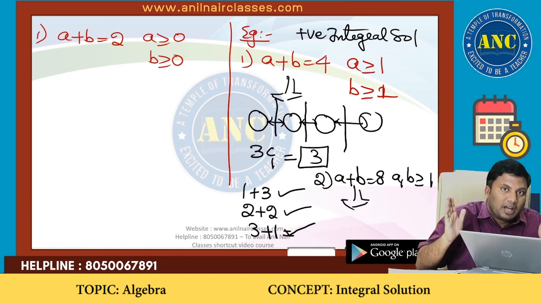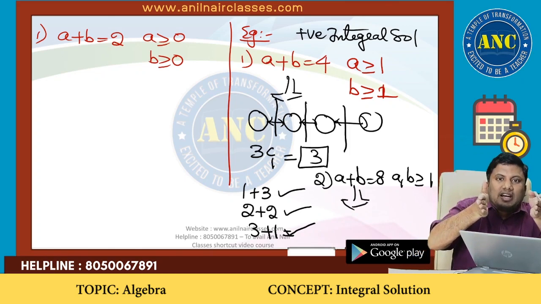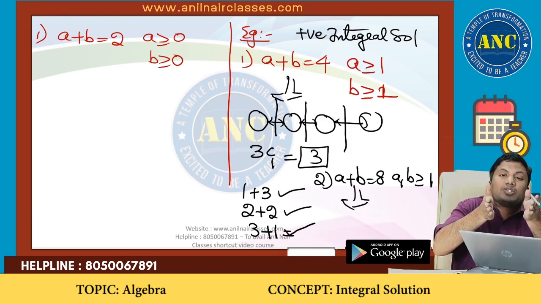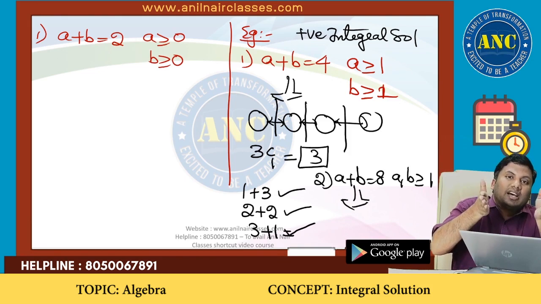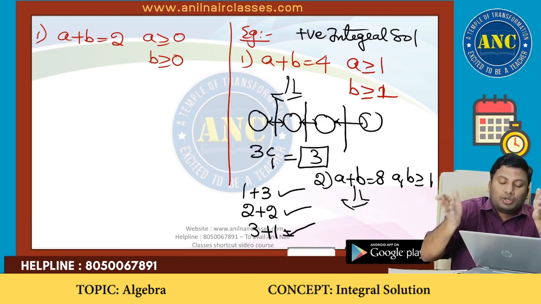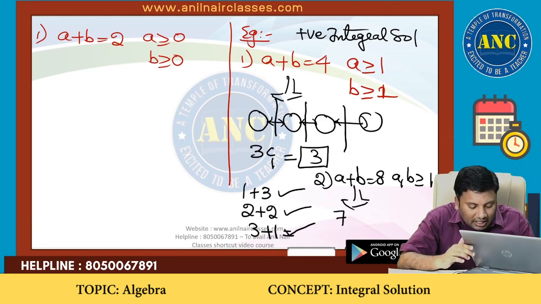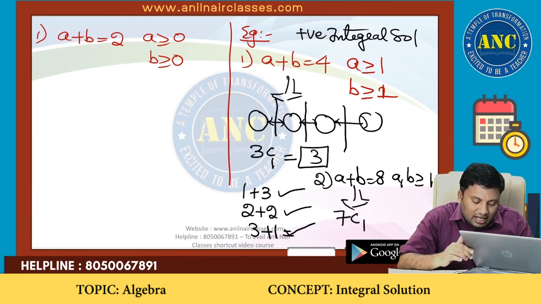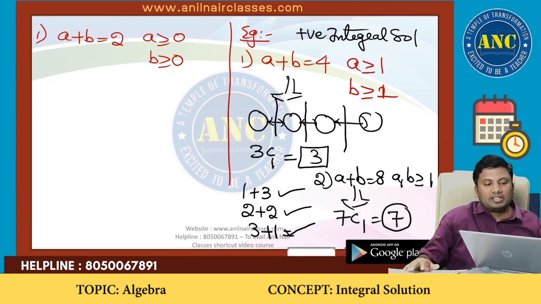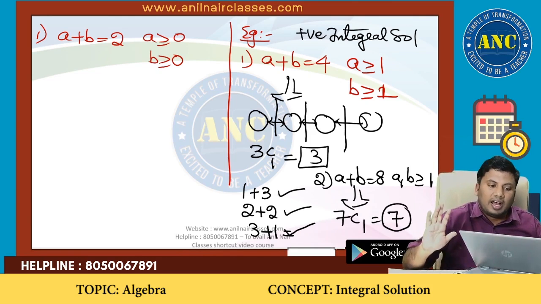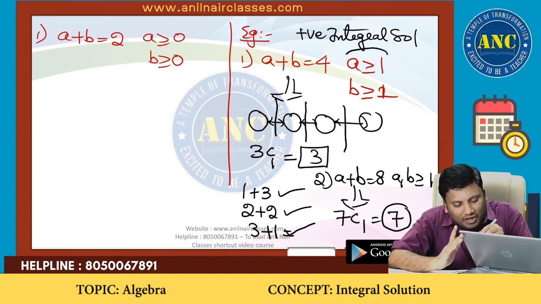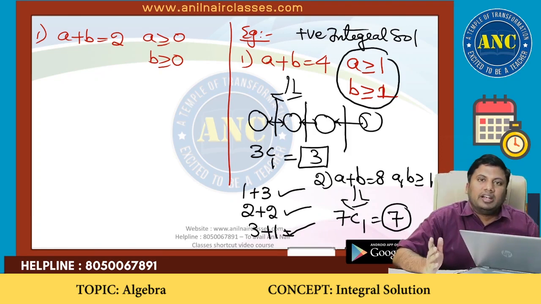If 2 balls are written, there is 1 gap. If 3 balls are written in a line, there are 2 gaps. If 8 balls are written, there are 7 gaps. Select any one. 7C1 is nothing but 7. Idea is clear? Now, variables starting with 1, it is easy.